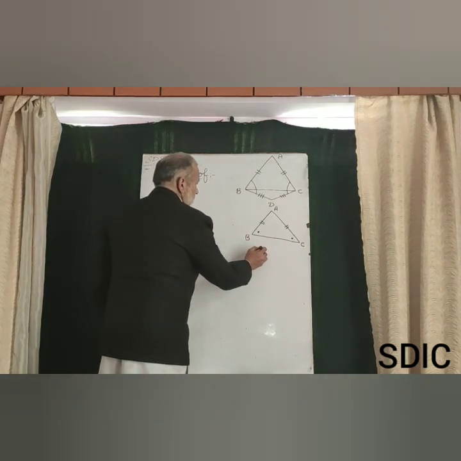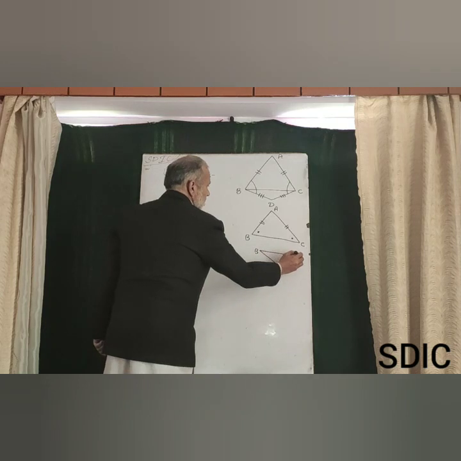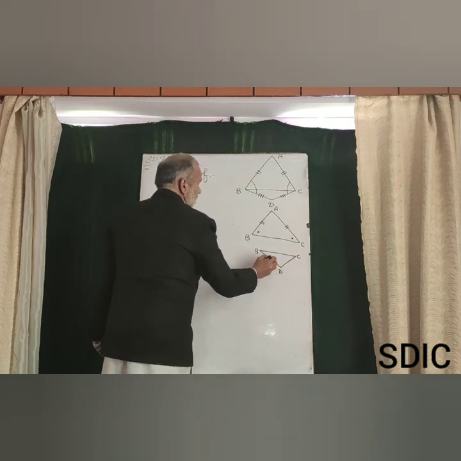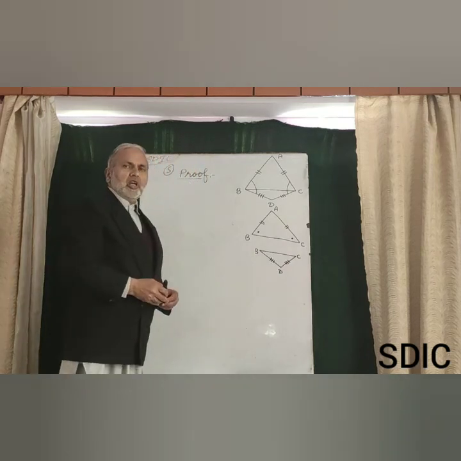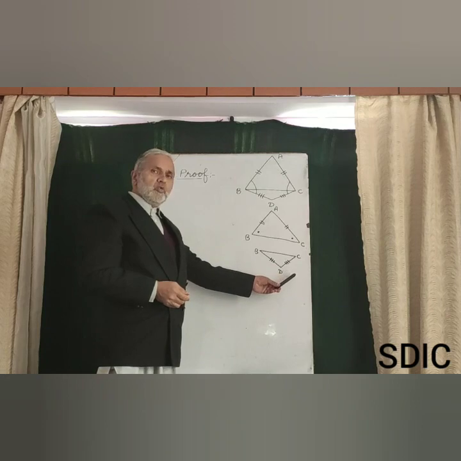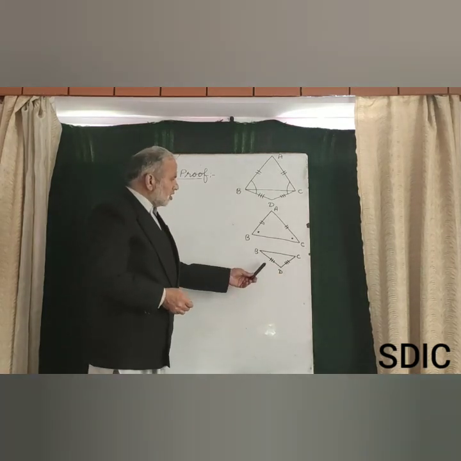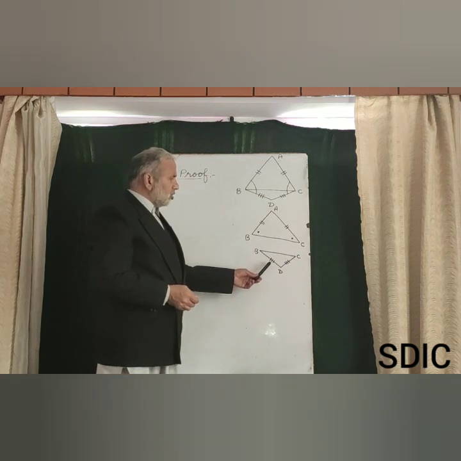We'll then also take the second triangle. Triangle BCD is the name. It has BD equal to CD. And then again the same result will be applied. Their opposite angles will be equal. And from the figure you can find which are the opposite angles.